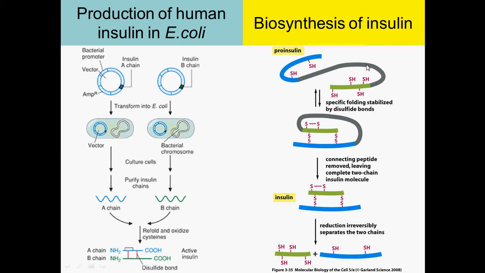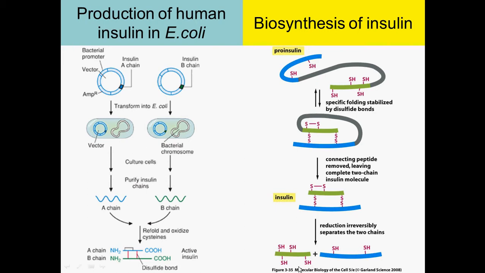This part has to be cut out so that the S's bind to each other, the hydrogens get kicked out, and then this one goes and binds to that one, and then you get insulin.